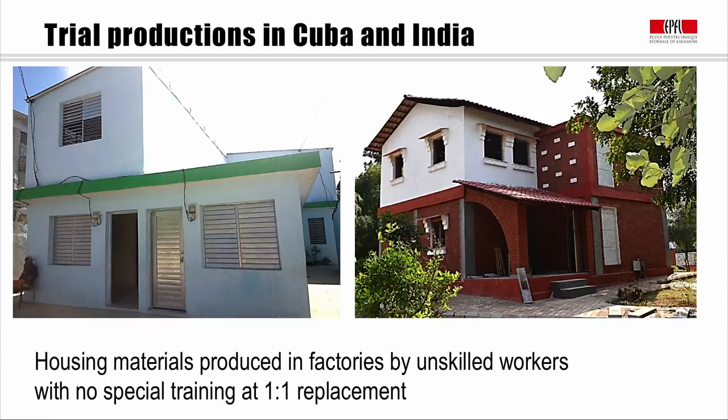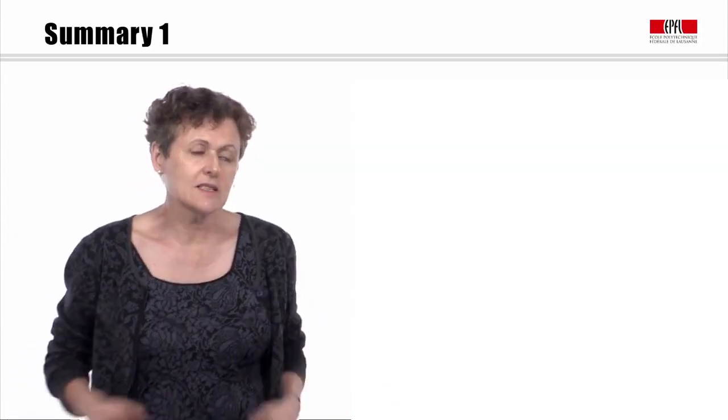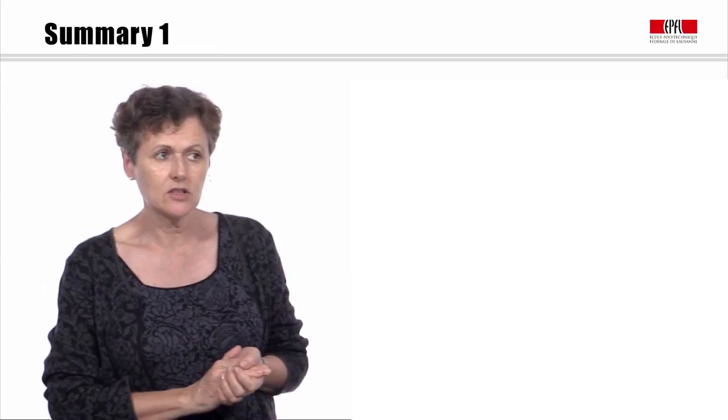And they could be produced by totally unskilled workers in the same factories with no special training, just purely with a one-to-one replacement, taking one bag of the cement that was used before, either OPC or pozzolanic cement with fly ash, and replacing that with LC3. And in this case, in India, we made a more detailed calculation of the CO2 savings, and we could calculate that about 7 tons of CO2 were saved just in this one single house by using LC3 materials compared to the existing materials.